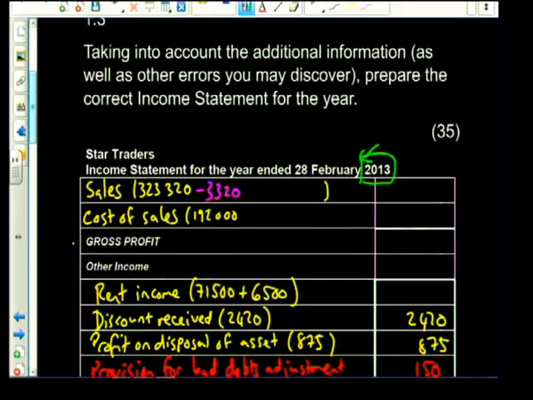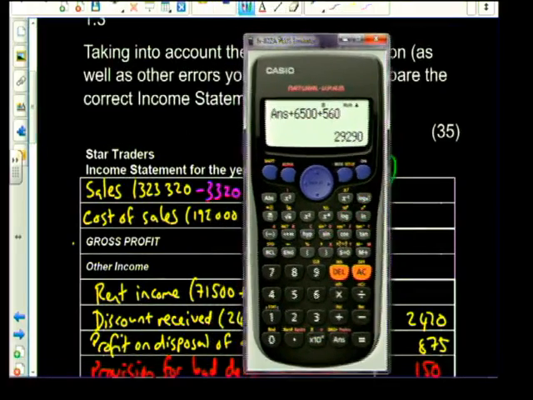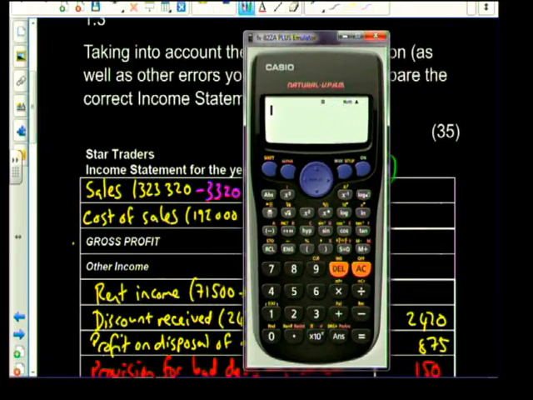To calculate the figure that appears for sales, we need to take our sales of 323,320. Make sure you don't make mistakes and put too many threes or too few threes. From that, we're going to subtract 3,320, which is my debtors allowances, and that gives me a total of 320,000.